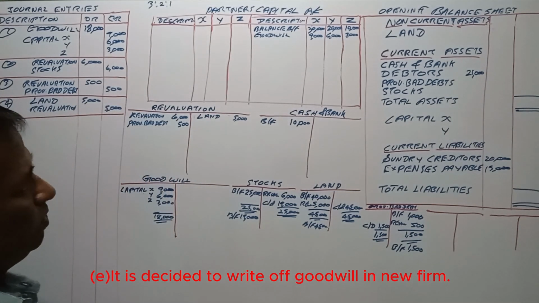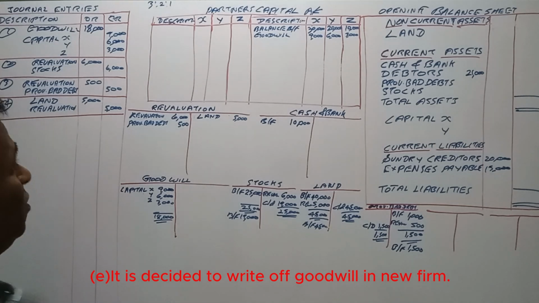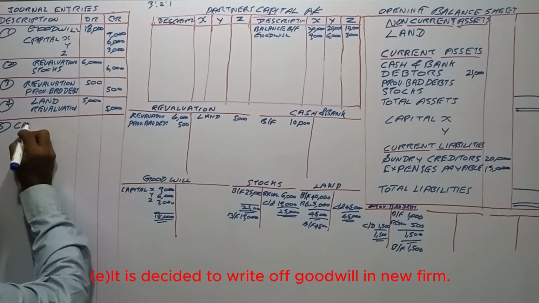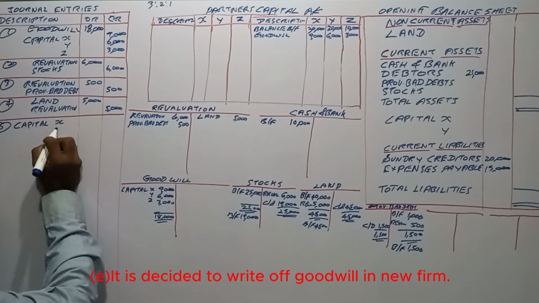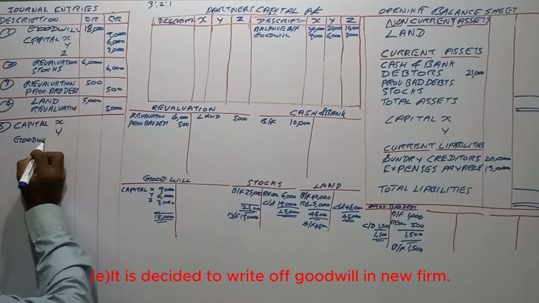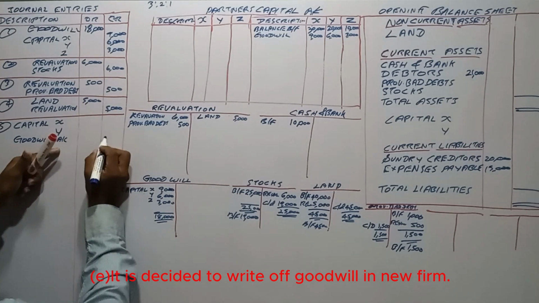Goodwill account was debited and capital of X, Y, Z credited for creation of goodwill. Now they say write off the goodwill, so the capital accounts of the new partners X and Z are debited and goodwill account is credited 18,000.